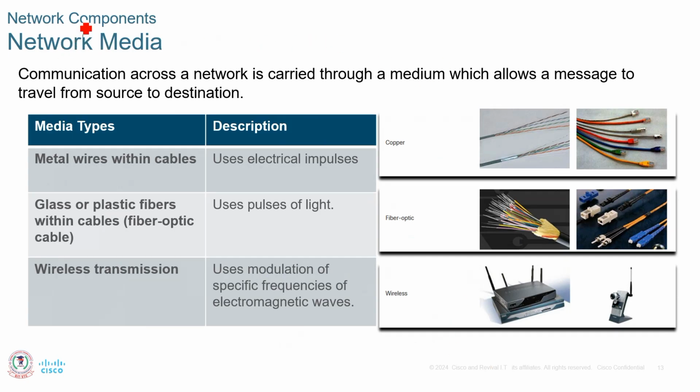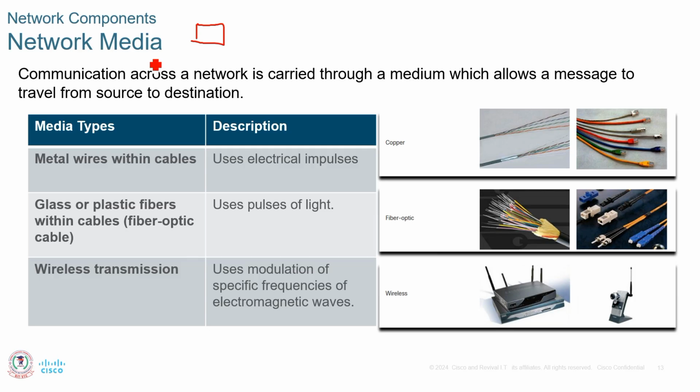So let's move further. So we said that computer networking is an interconnection of end devices or nodes to share information and communication. But the interconnection needs what we call network medium or media.